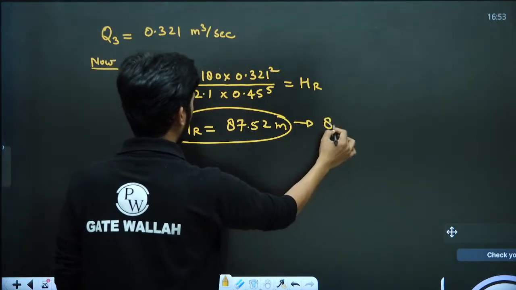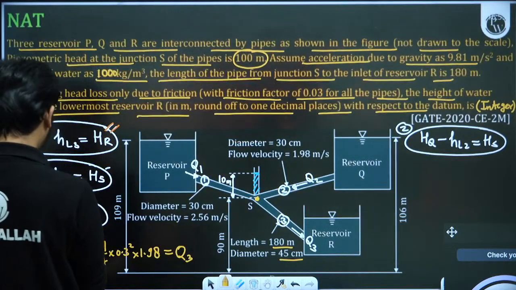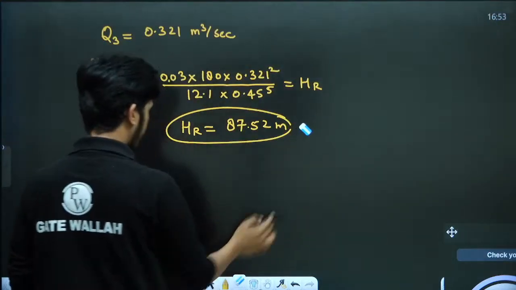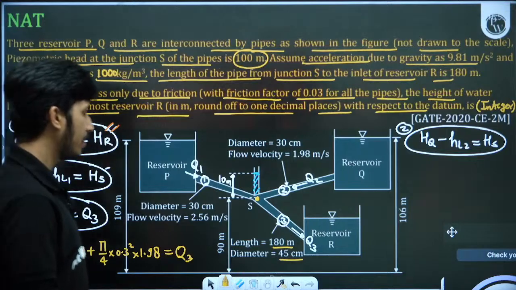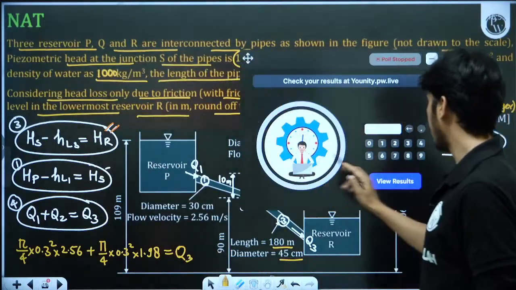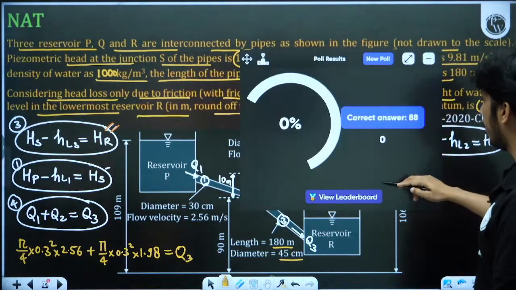You can give nearly 88. If I'm asking for an integer, you can give the answer 88, because I have asked in integer. So if anybody has given 88, that is correct.